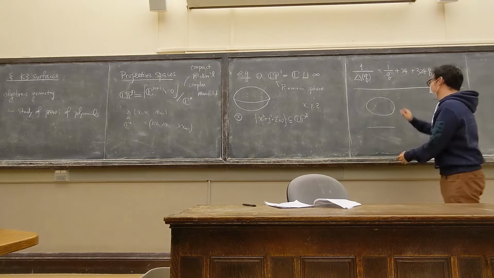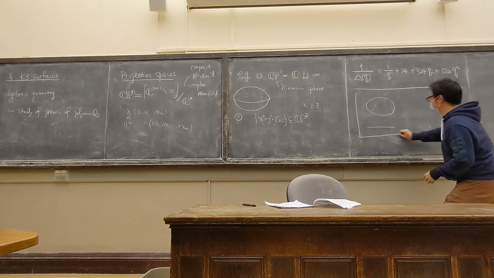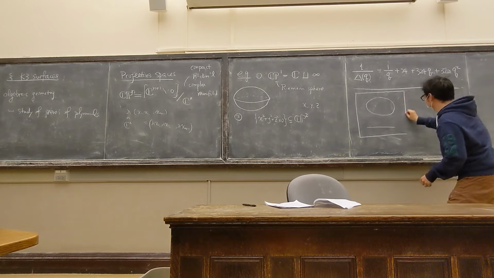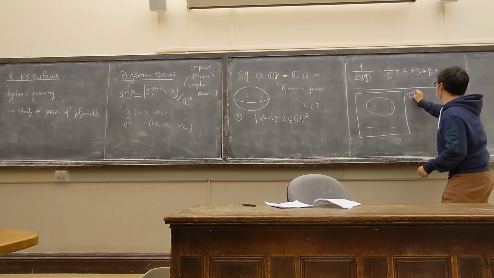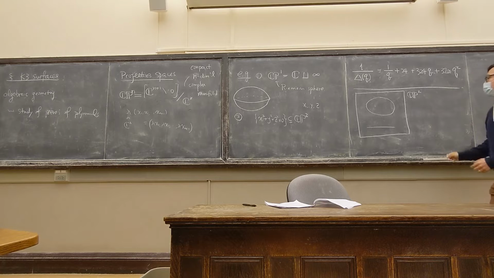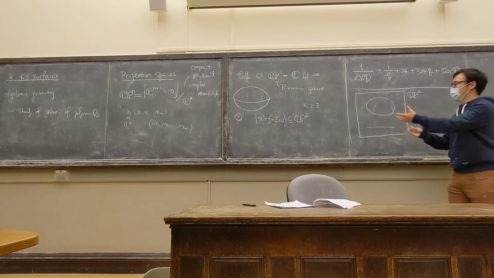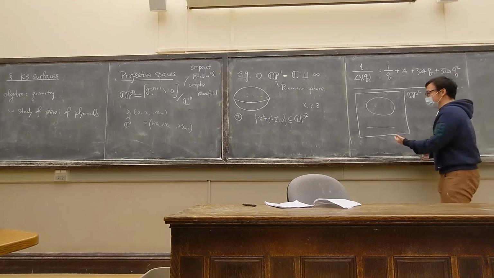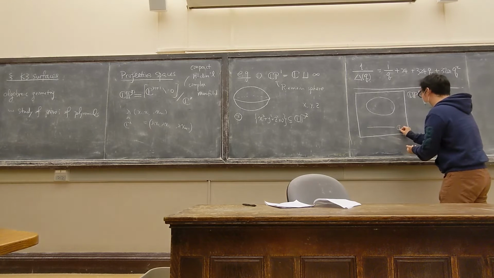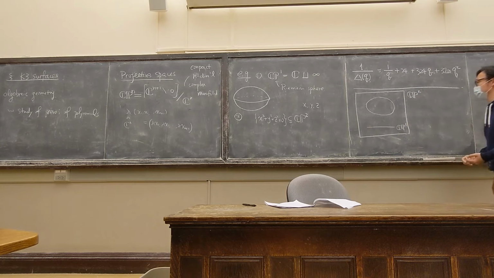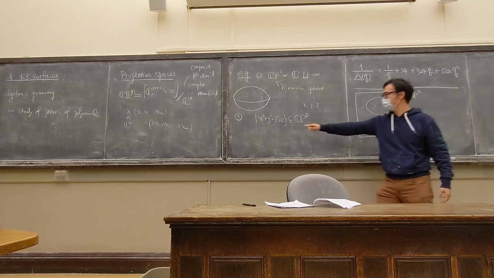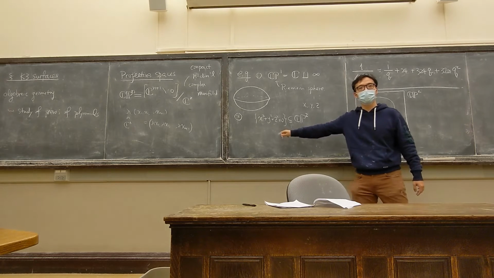So a conic inside CP2, which is something like a complex plane. Let's draw this is the CP2, and you have something of degree 2, like a conic. And let's draw a CP1, which is a line inside CP2. I'm saying that basically this space is the same as CP1. Why?